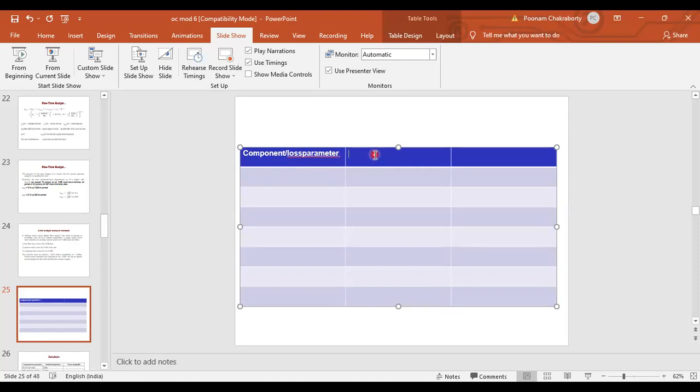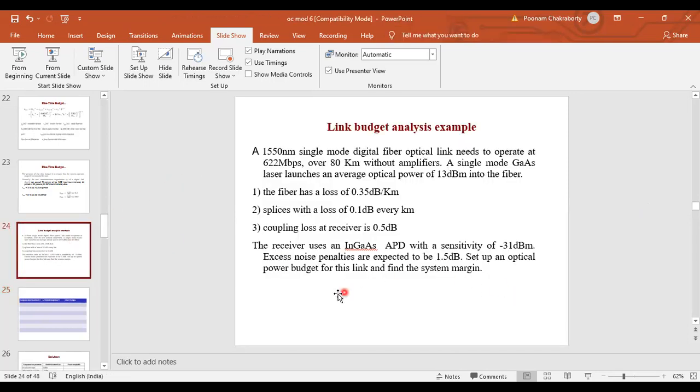Then for the second column, you give the heading as sensitivity or output, or it can be loss, anything that is mentioned. So component or loss parameter, sensitivity, output or loss. All three we will list over here. And this side, finally, the answer which I will get is the power margin, because in the question they had told us to calculate the system margin, that is the power margin.